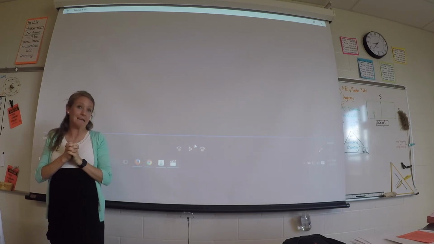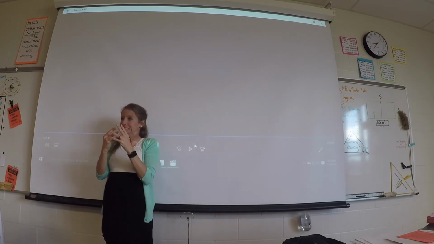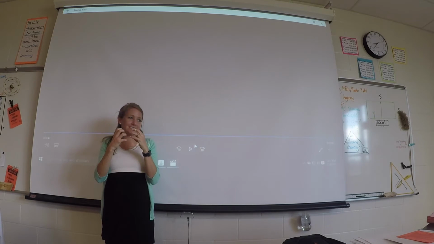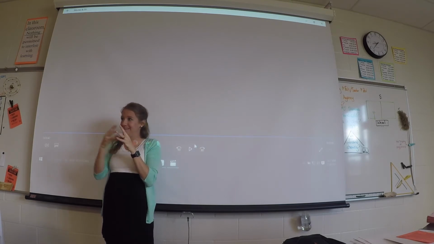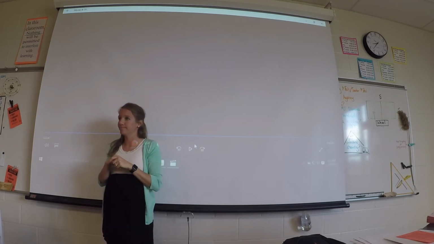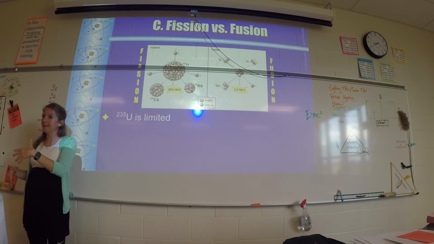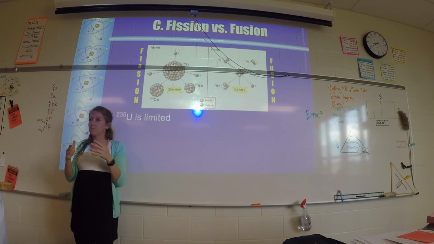To make new atoms, we take other atoms and we smash them together, and then they hope that they'll stay together long enough that they can know that it's there before it breaks itself apart because they're so unstable, right?